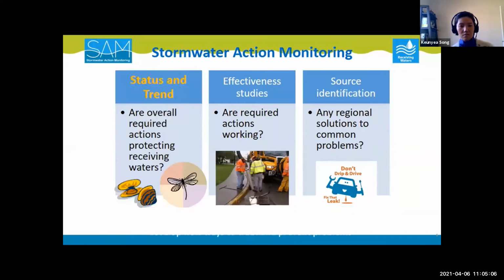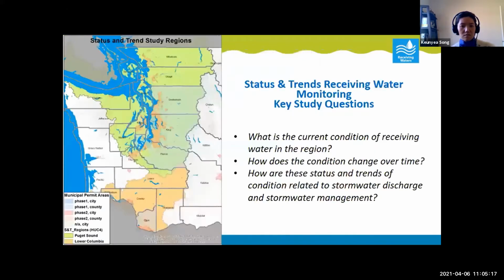Compared to the effectiveness studies, the status and trends part asks larger scale questions about receiving water conditions. The main questions are, first, what are the current conditions of receiving water and how do they change over time, and second, how are these conditions related to stormwater discharge and stormwater management actions in the region.